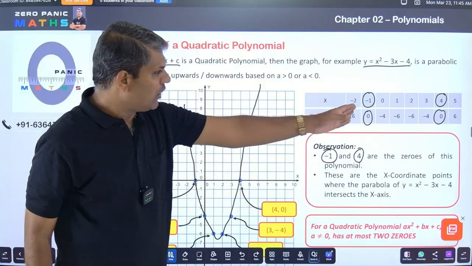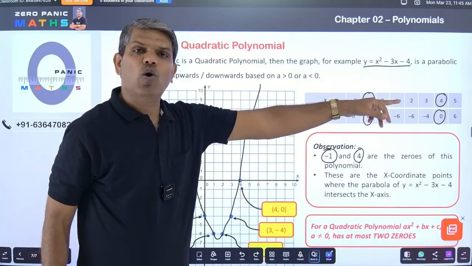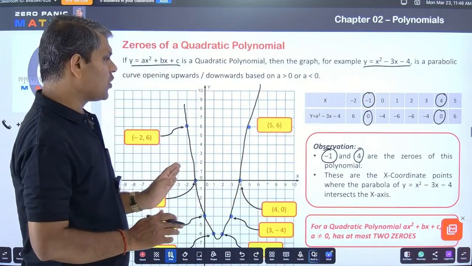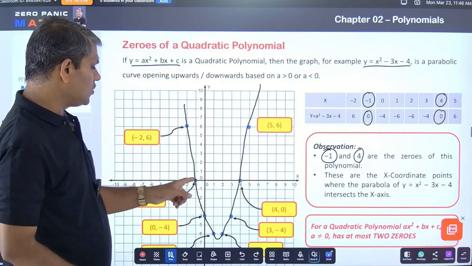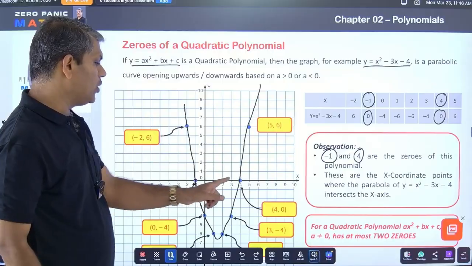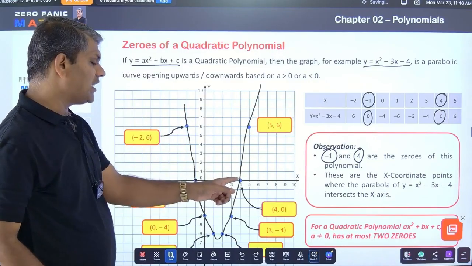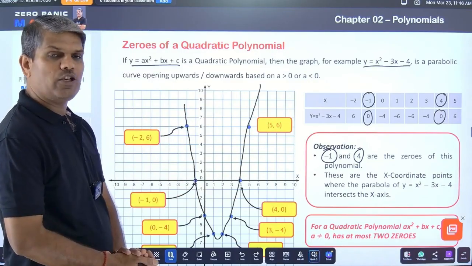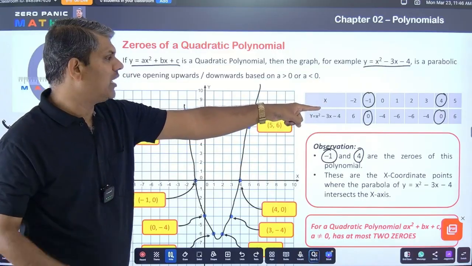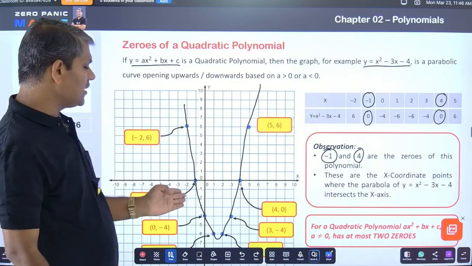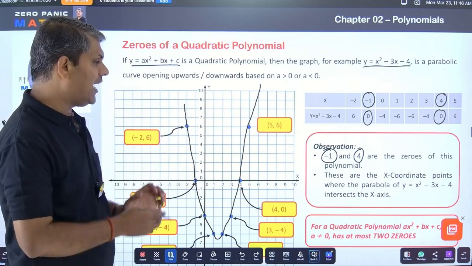Mathematically also we know that minus 1 and 4 are the zeros of this quadratic polynomial, and graphically also, if we plot it here, those are the same points that we get by observing whether the curve cuts the x-axis at the given values. So by solving the mathematical equation we get the zeros, and this is how we get the zeros of a quadratic polynomial by plotting a graph.